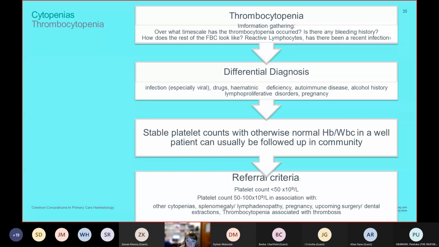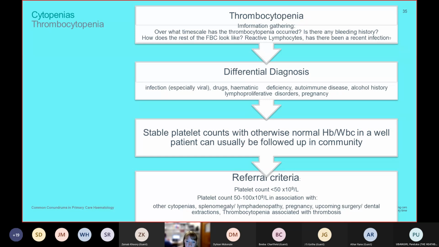The differential diagnosis for thrombocytopenia can be broad. Viral infection is up there at the top, along with medications, hematinic deficiency, autoimmune disease, and alcohol. A mild thrombocytopenia is common during pregnancy, but we should always have lymphoproliferative disorder at the back of our mind.